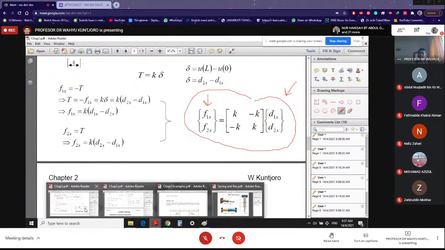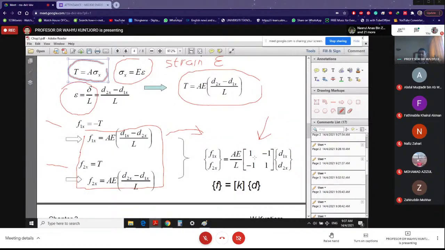Over here, I can read this: AE over L, minus AE over L, minus AE over L, AE over L. So now you can say that what we have as K in spring, over here it becomes AE over L. Meaning, if you know and you can do spring, that means you understand and you can do bar.